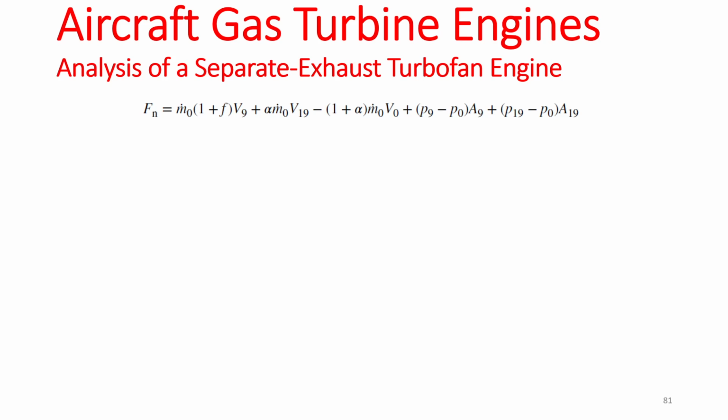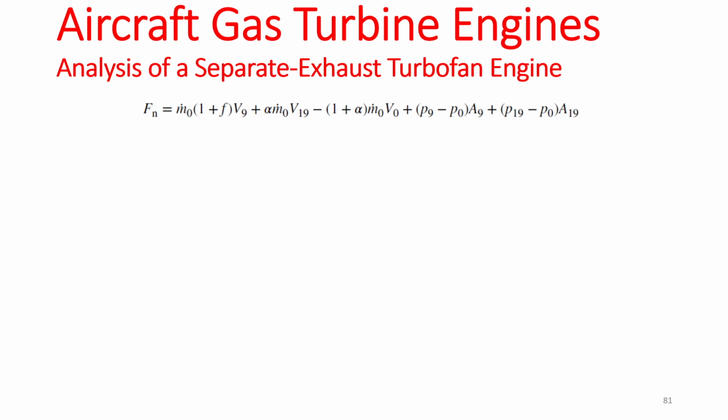So that's 1 plus alpha multiplied by m dot naught. And we always have the pressure contribution, P9 minus P naught multiplied by A9, and P19 minus P naught multiplied by A19. Okay, so this is how you calculate the uninstalled thrust, right?